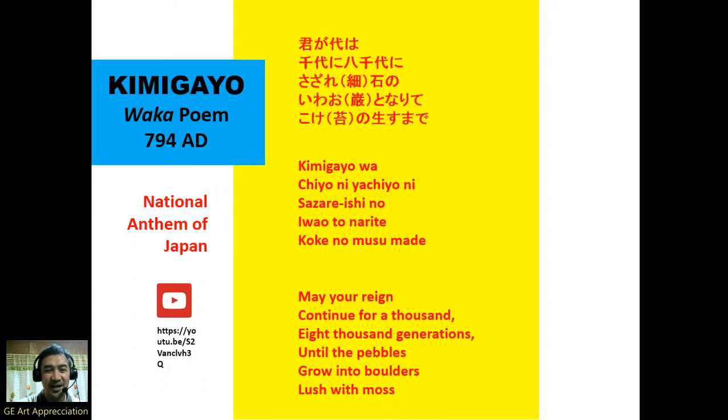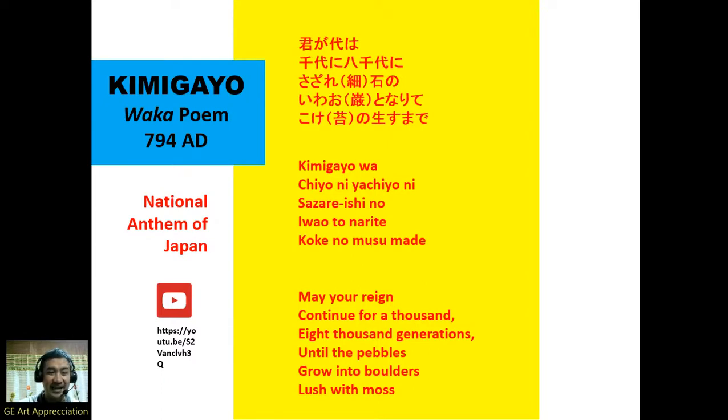Okay, this is the national anthem of Japan. If you watch or listen to the song, the national anthem of Japan, it's like 1 minute. Or it probably doesn't even reach 1 minute.